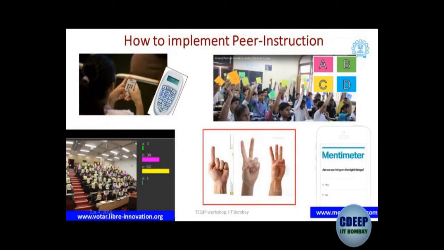Then the ones which I actually use in my classes now is online fora or online platforms, on which I can create a question and students access and answer that question using some software called Mentimeter, Socrative. There are many platforms, they're free of cost, and you can set up a question. Let me see, maybe for tomorrow we'll do something like this.